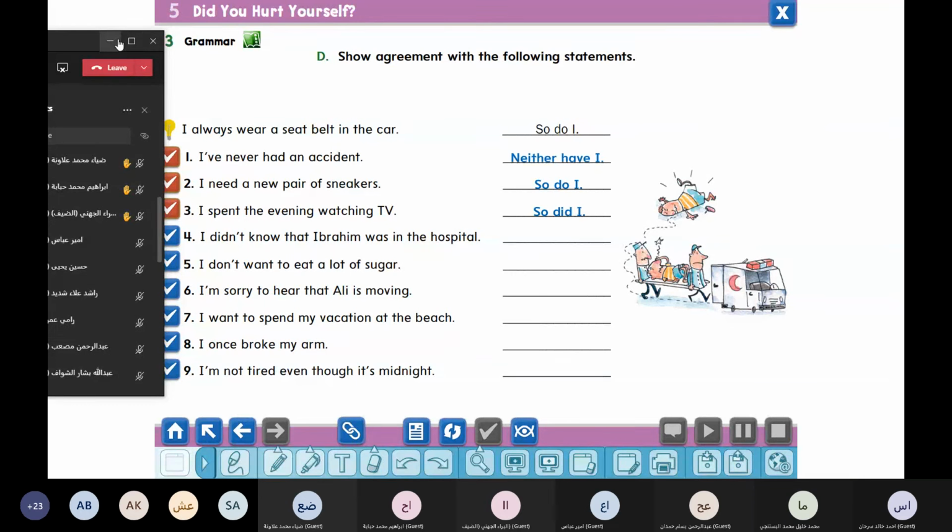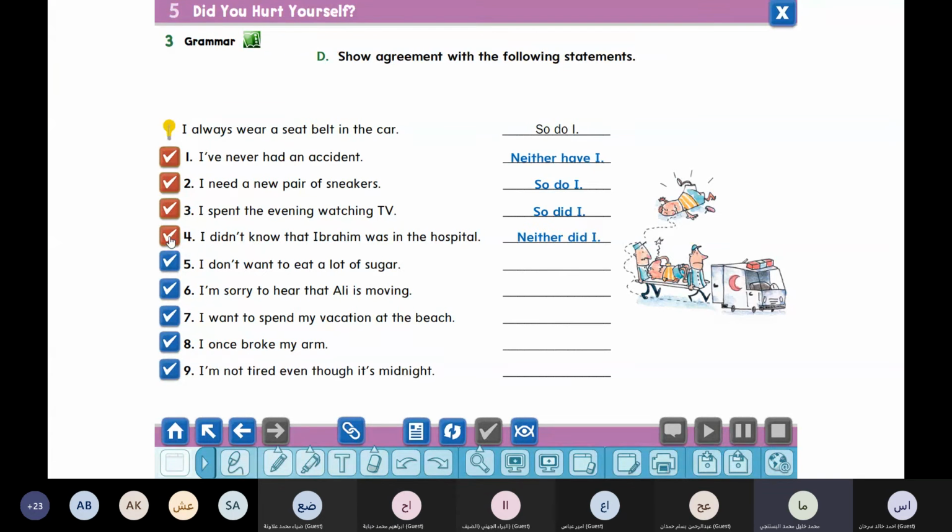Ibrahim. I didn't know that Ibrahim was in the hospital. Neither did I. Because here we have negative, and we have did. So we put neither did I.